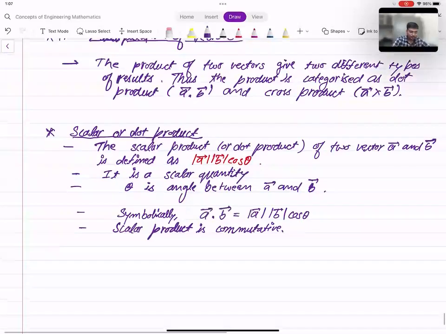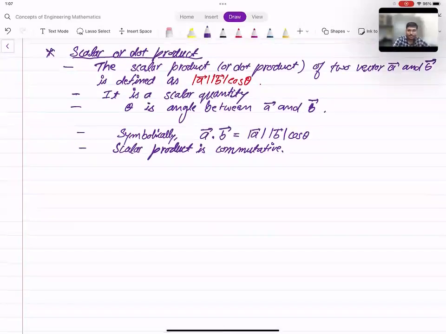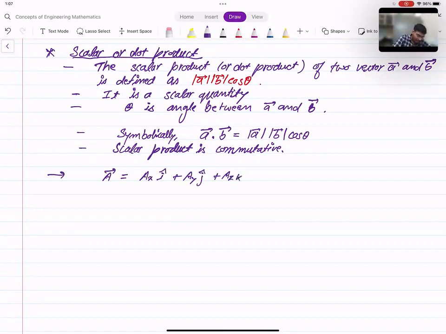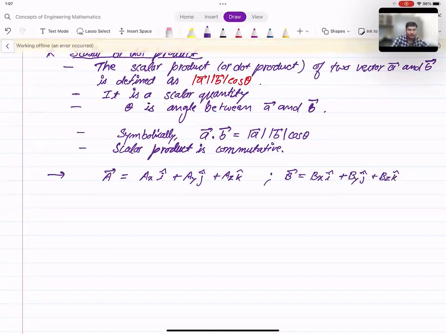So let us see how this is obtained. Suppose we have two vectors, vector A, which is given as ax i cap plus ay j cap plus az k cap, and we have another vector B, which is given as bx i cap plus by j cap plus bz k cap. So if we want to take their dot product, then we simply multiply them.